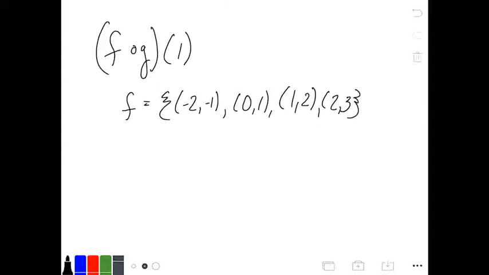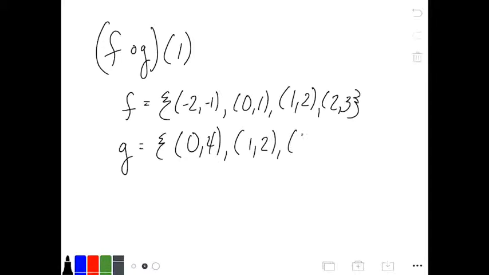That's the domain on the f function. The g function's domain is 0 and 4, 1 and 2, 2 and 0, and 3 and -2.